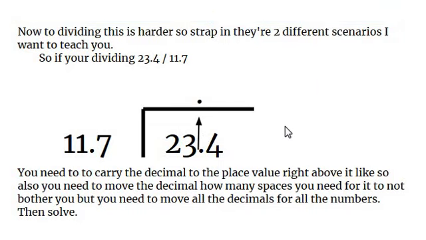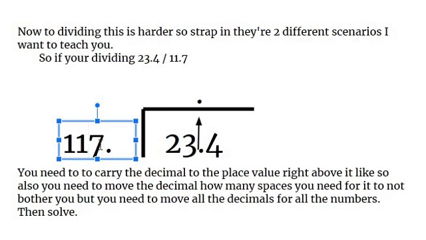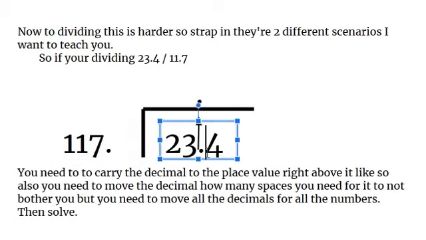Also, you need to move the decimal however many spaces you need for it to not bother you. But you need to move all the decimals for all the numbers. This one has to have no decimals. It has to be one whole number. So if you move this one, so it'd be just 117, you would have to move this decimal. So it'd be right here. Do you move this decimal?